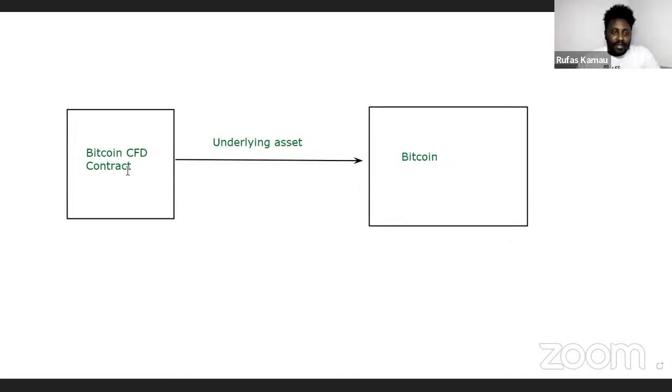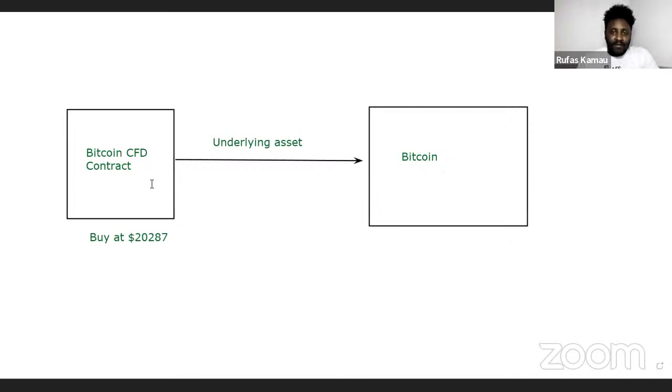When we agree that this contract mirrors the value of Bitcoin, it means that if you buy this contract right now at the current price, and the current price of Bitcoin right now, just checking, is 20,287, then if the price of Bitcoin gains by a certain value or percentage, the contract will also gain in a similar manner.